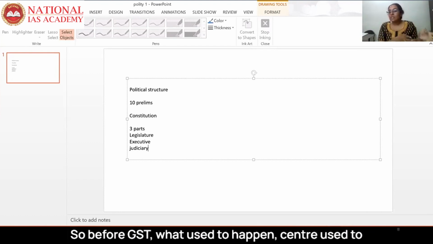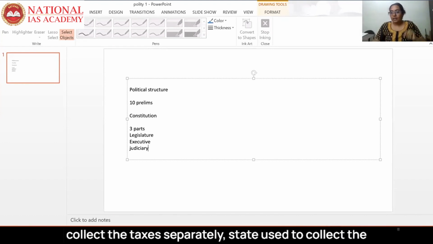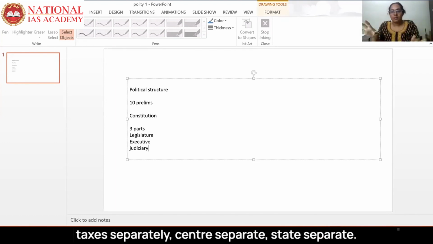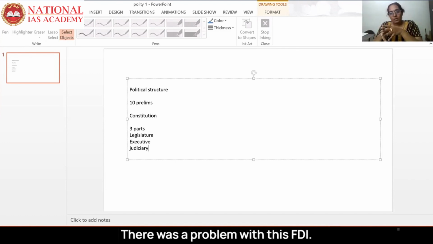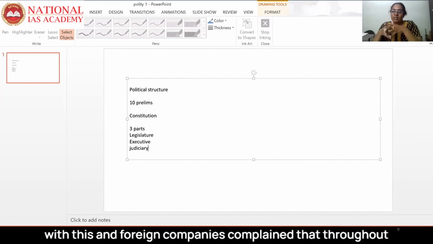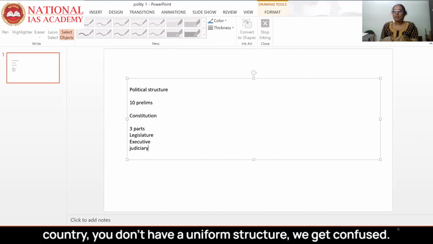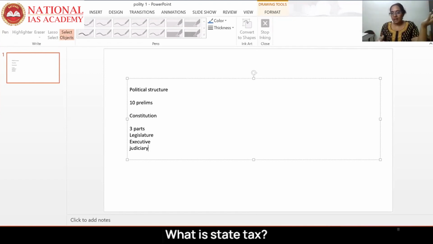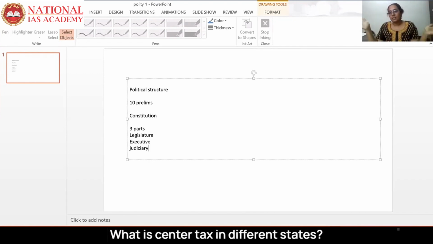So before GST, what used to happen? Center used to collect the taxes separately. State used to collect the taxes separately. Center separate, state separate. There was a problem with this. Whenever foreign companies came for FDI, they complained that throughout the country you don't have a uniform structure. We get confused about what is state tax and what is center tax in different states.